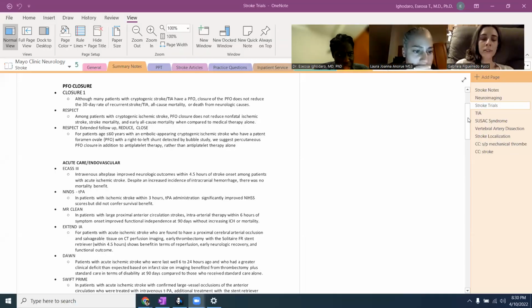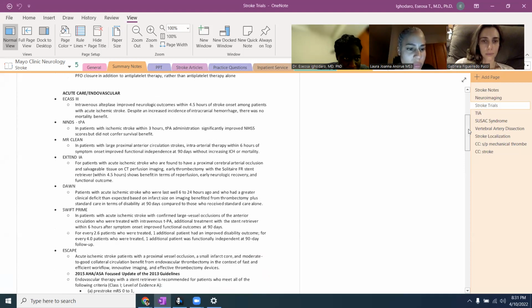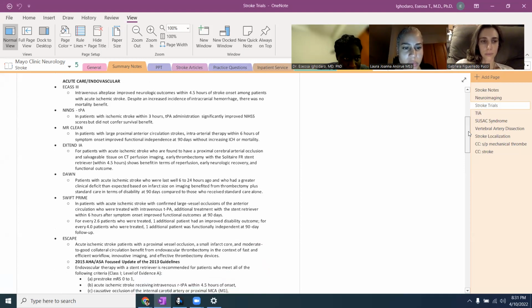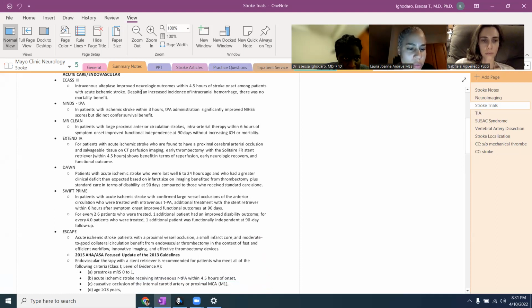So here's a cheat sheet that one of my colleagues did. I can share this with you guys. All medical trials and names. So let's see, stroke TPA. Right now, I'm looking at all the stroke trials for acute care in the hospital. The patients with large proximal anterior occlusion.